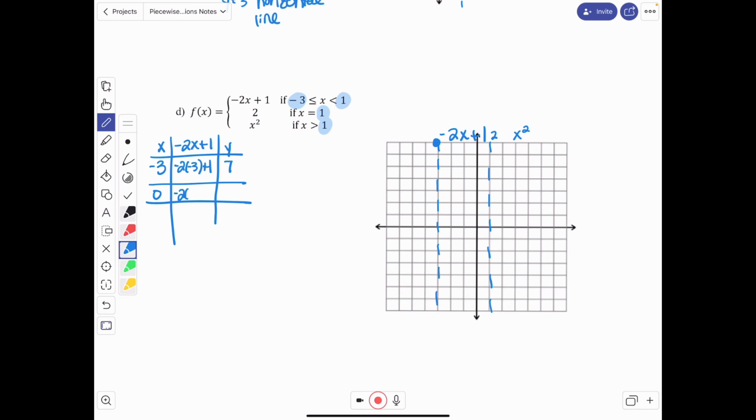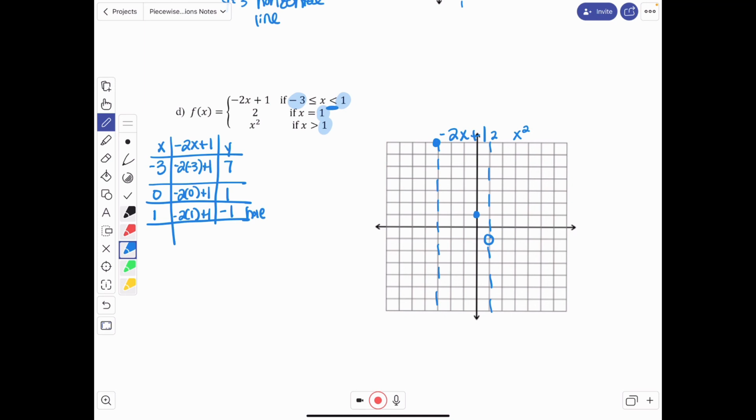So -2 times 0 plus 1, that's just going to give me 1. And let's do my endpoint, 1: -2 times 1 plus 1. So -2 plus 1 is going to be -1. And that one is a hole because of the sign right there. It's not an equal to.